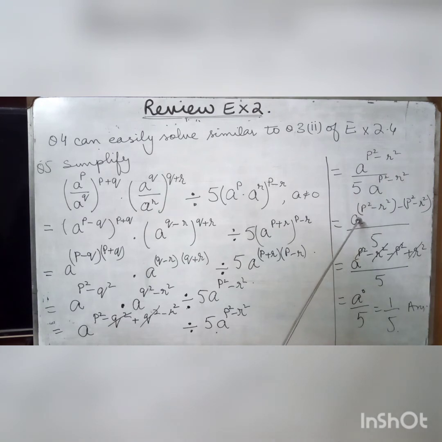According to law of exponents, we have a raised to power p square minus r square minus p square minus r square. After simplification, we get a raised to power 0 over 5, where a raised to power 0 is equal to 1. Therefore, the answer is 1 over 5.